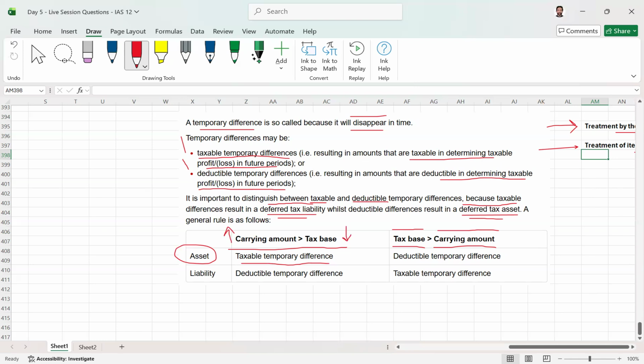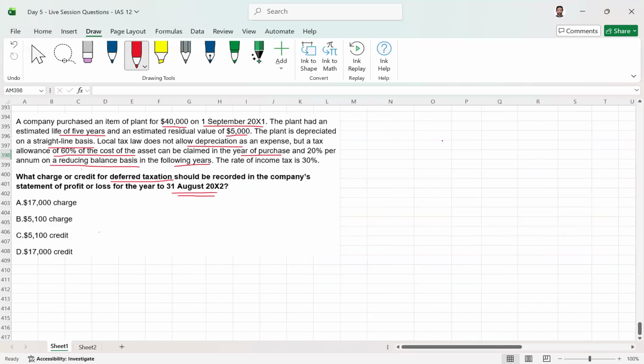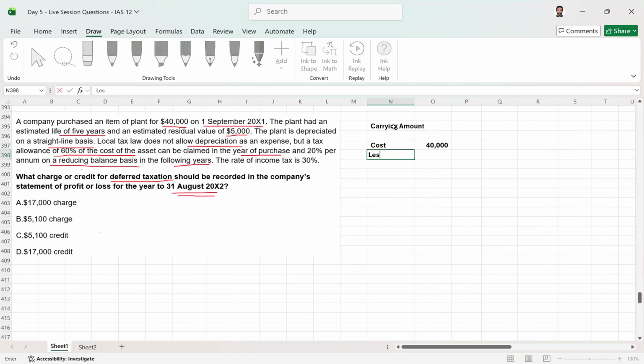Now if we come back to the question, we see the calculation side. It will be easier to understand. Here we have the carrying amount, which is going to be the cost, which is 40,000, and we deduct the depreciation for the first year.